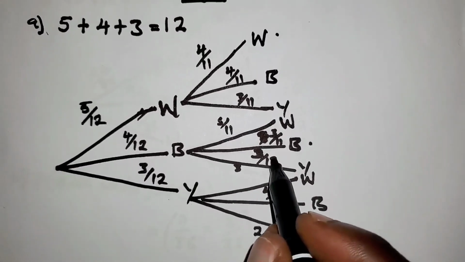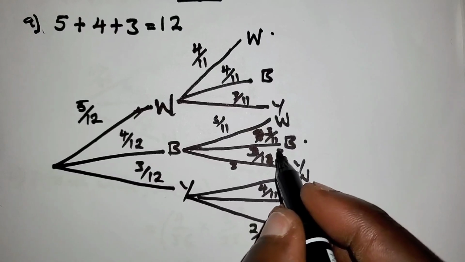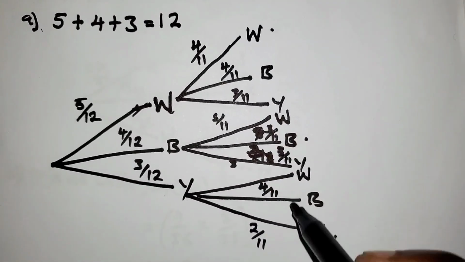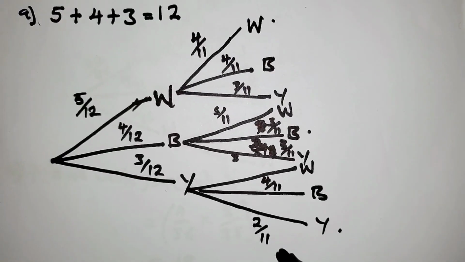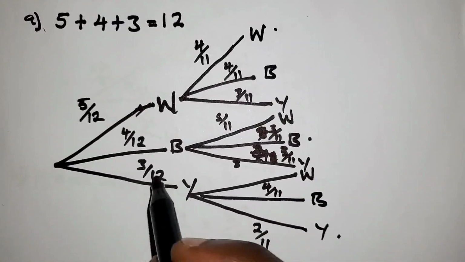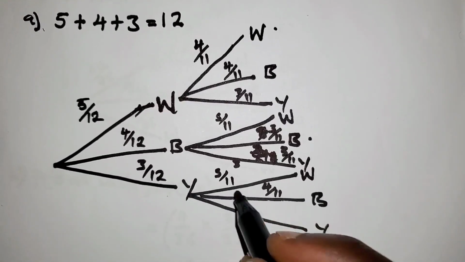By the way, this is not 12, this is supposed to be 11. It's supposed to be 3 over 11. So everything on this side, the total number is going to be affected by 1. All right, for white we maintain as 5 over 11.